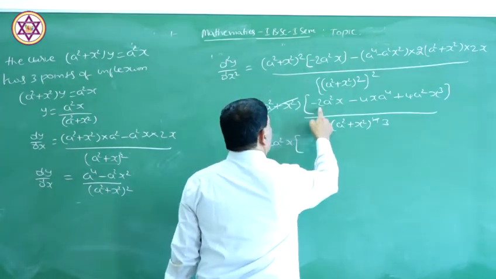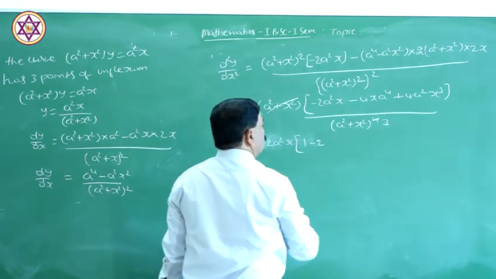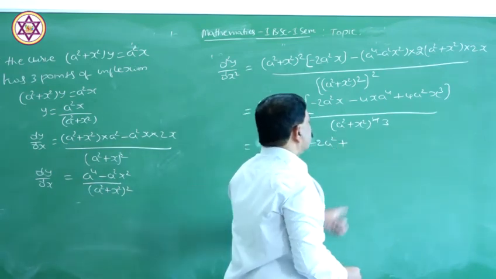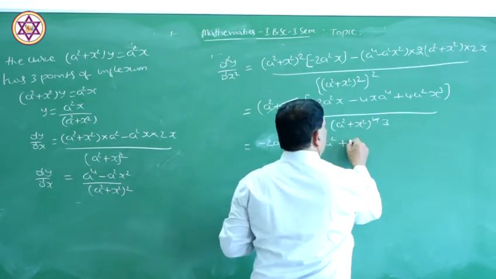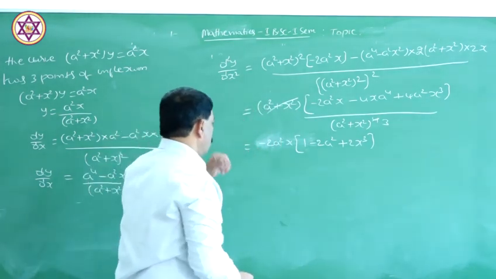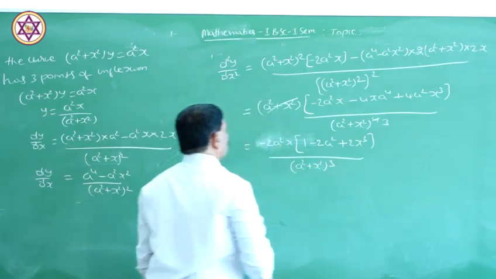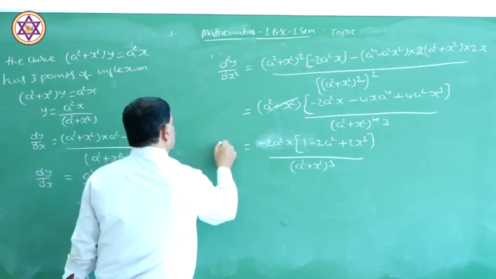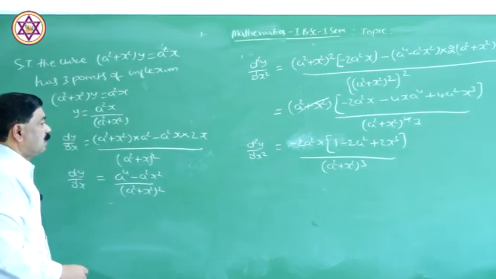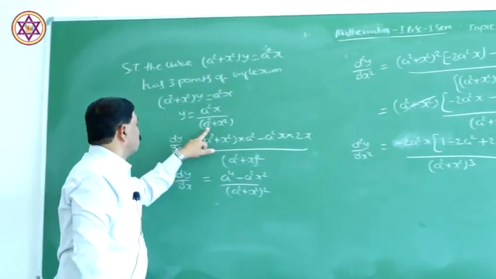So here we get 2a² as a common one, here 2 into a², and 2x³, divided by (a² + x²) whole cube. So this one equating to 0.